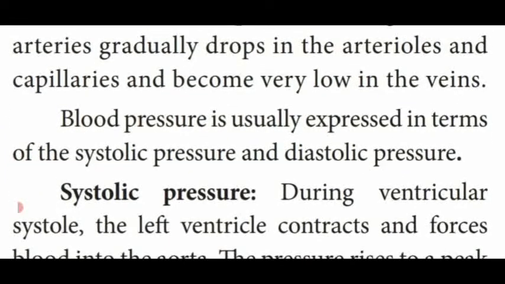This blood pressure is expressed in terms of systolic pressure and diastolic pressure. Systole is the contraction phase, and diastole is the relaxation phase. So blood pressure is expressed in terms of systolic pressure and diastolic pressure.